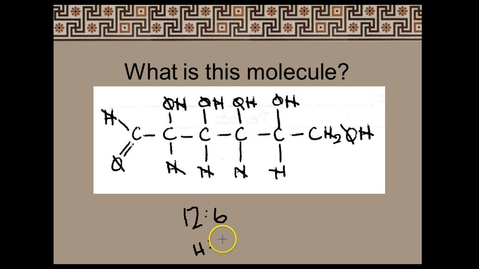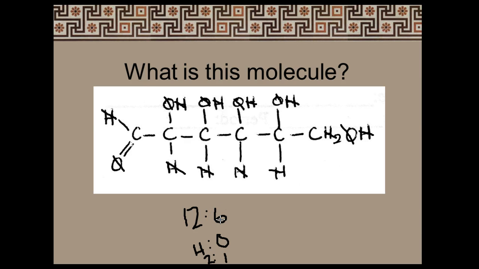Then we look and we see, is this a 2-to-1 ratio? Because remember, carbohydrates have that 1-to-2-to-1 ratio, and we're just going to look at the number of hydrogen and oxygen in this scenario. There's 12 hydrogen and 6 oxygen.